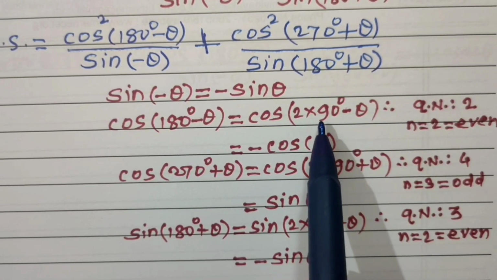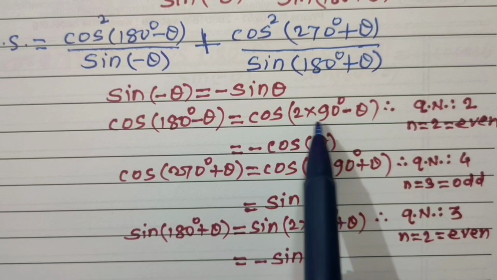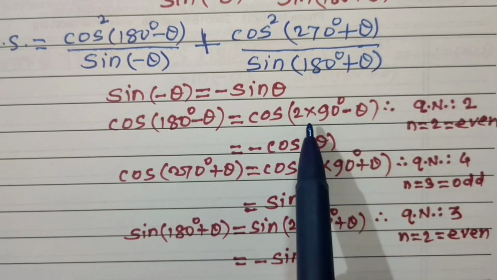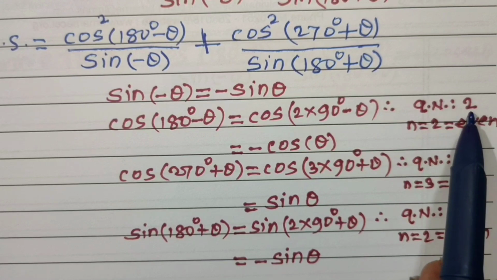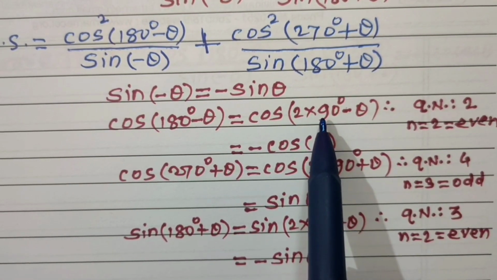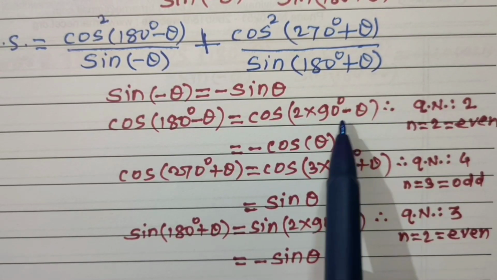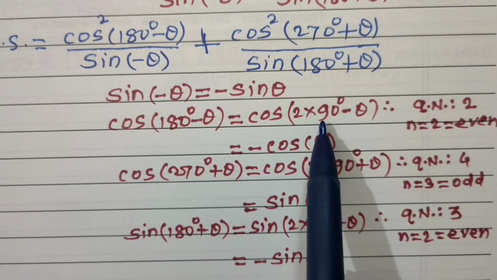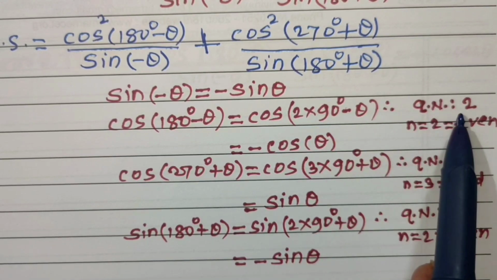N is equal to 2, which is an even number. This implies this whole angle, 2 times 90 degree minus theta, lies in quadrant number 2. Because 2 times 90 degree lies on the negative x-axis, and this minus sign indicates that the quadrant is the one previous to the negative x-axis, which is quadrant number 2.